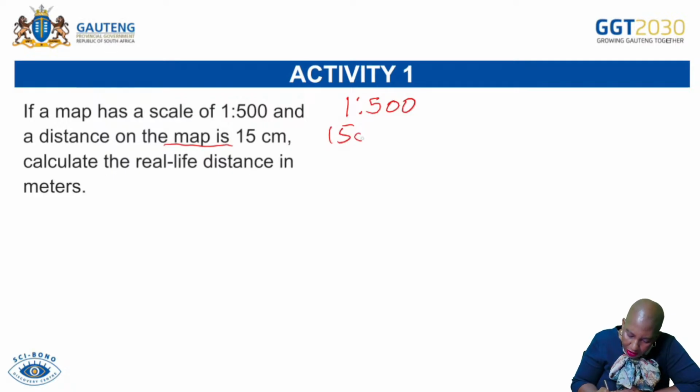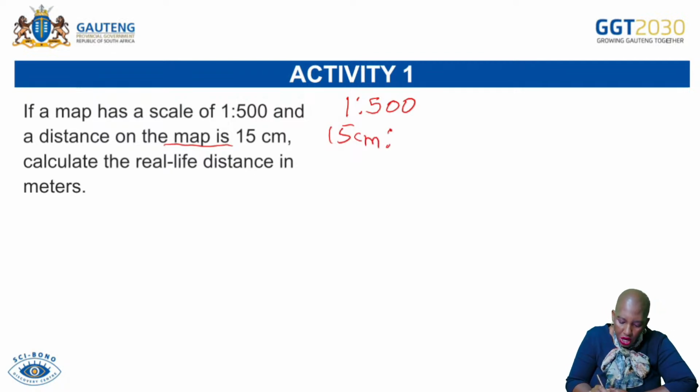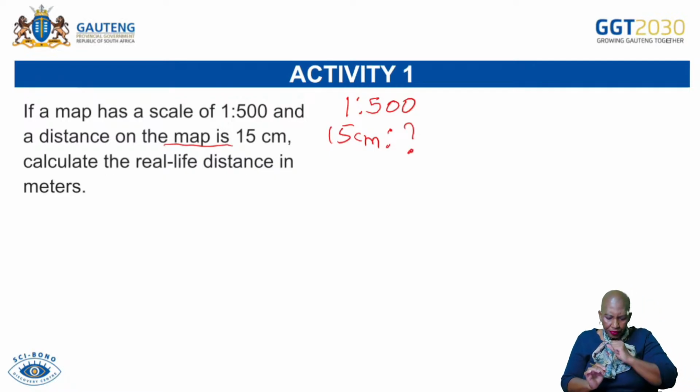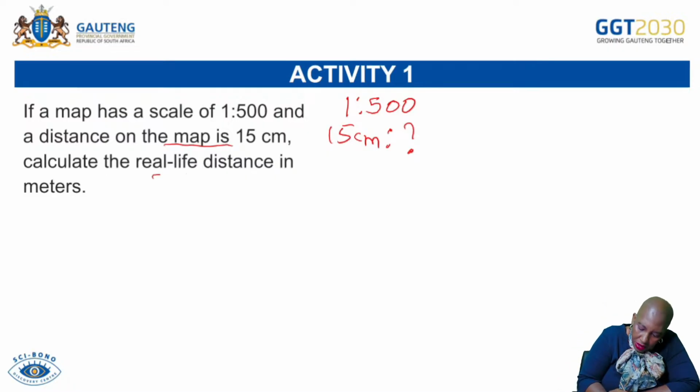It's 15 centimeters. But remember what we said. We said when we work with a scale, we don't include the units. So there are no units there. Just write the scale as it is. Now I'm substituting because I'm given the map, and then the map is equals to what? Now they want the distance to be in real life in meters. You must check distance in meters.